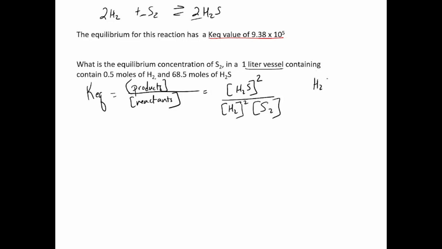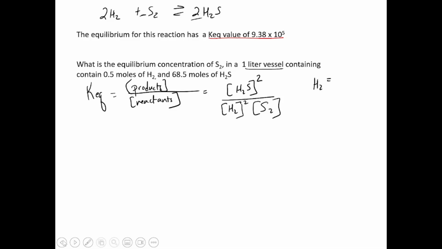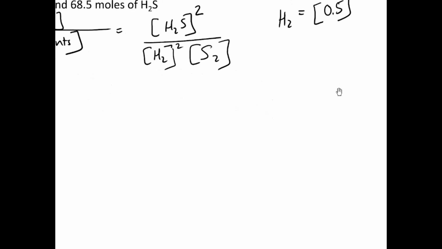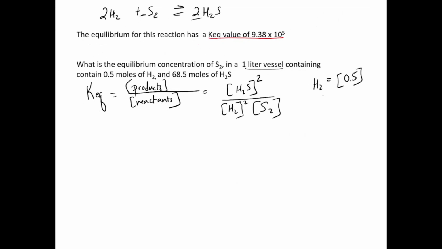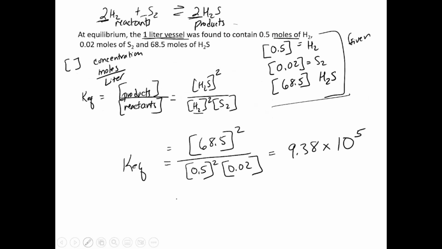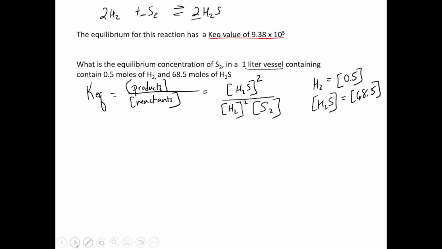Once again, they're nice enough to have this occur in a 1-liter vessel. So they're telling us in that 1-liter vessel that I have 0.5 moles of H2, so that means that my concentration is 0.5 moles per liter, so I can express it using those brackets. My concentration of H2S is 68.5 moles per liter, so I can express that as 68.5.